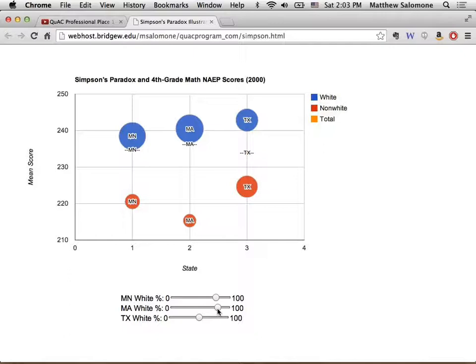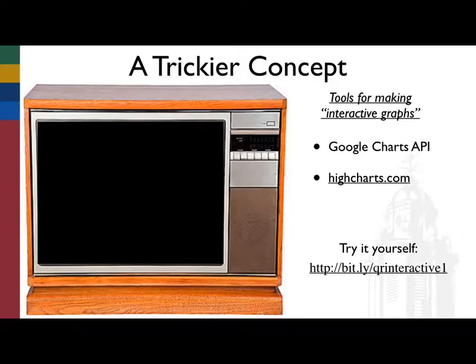So how I built this tool is I actually used the Google Charts API. I don't know if any of you have experience programming with Google Charts. But I should include a link to the Mathematica site on this slide. If you haven't seen it before, there are a bunch of wonderfully built out demonstrations on Wolfram's Mathematica website, demonstrations.wolfram.com.